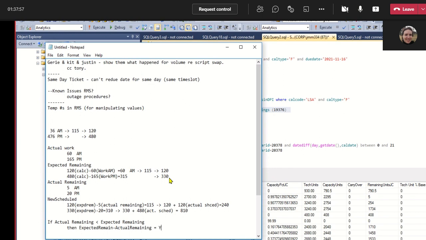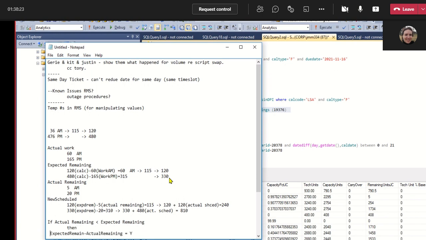So in our case, let's say actual remaining for AM is 60, and expected remaining is actually 120. Okay, so which is less than, and then we are doing this expected remaining minus actual remaining is y, which is 60 now. Is that correct?